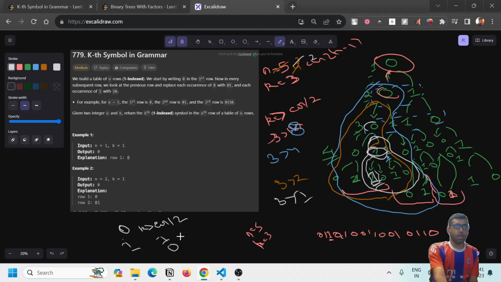If the root value is 1, then it's going to be 0, and if it is 0, it's going to be 1. This is what we've seen here.